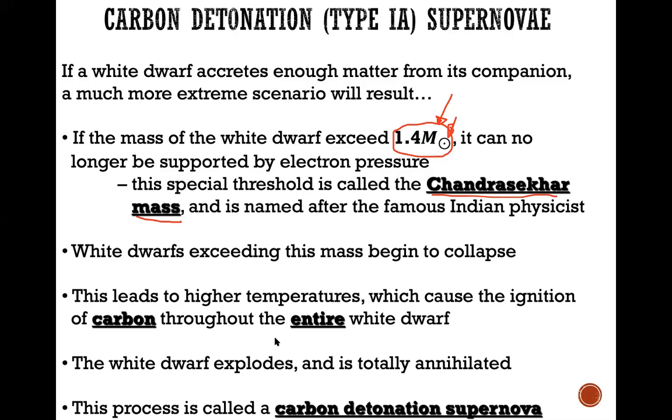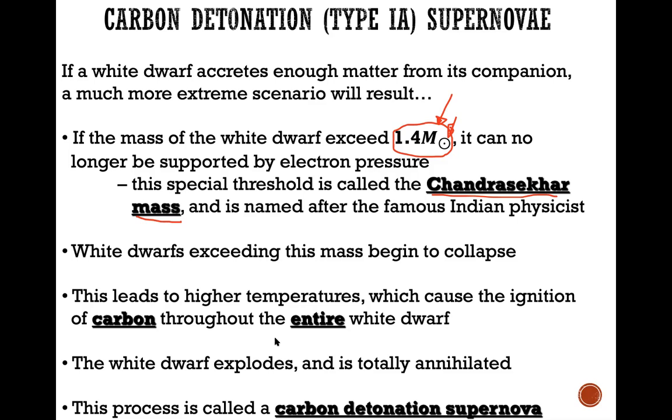And then we have a nova, which means there is a white dwarf star and a nearby normal star, and this white dwarf star will take materials from this nearby star. Once you have enough hydrogen material around the surface of the white dwarf, it will go through just normal thermonuclear fusion on the surface, which will lead to an increase in the brightness of the star. So that is called a nova.